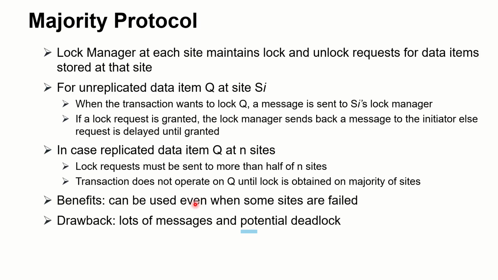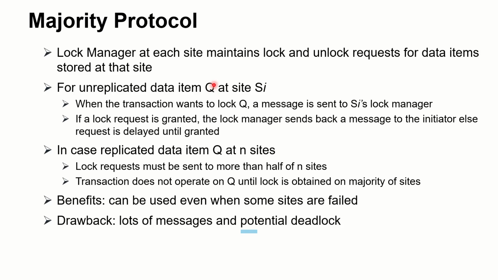What is the majority protocol? In the majority protocol, the lock manager at each site maintains lock and unlock requests for data items stored at that site. For unreplicated data, that means the data exists at only a single site, we can simply handle it by sending a lock request to that single lock manager.